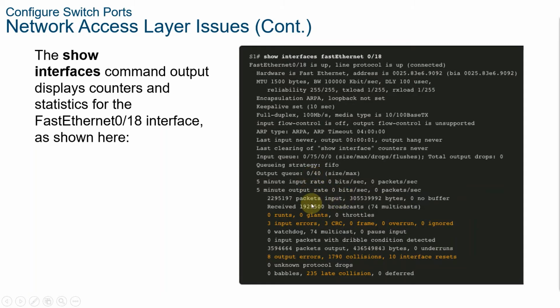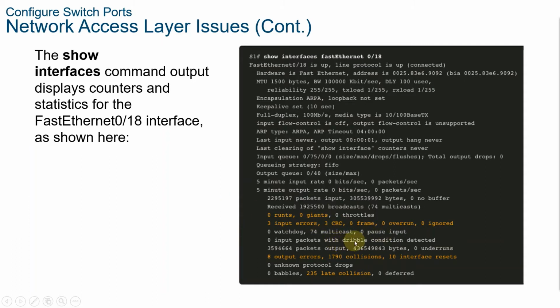Next, you also have here the input errors, the total number of errors. It includes runts, giants, no buffer, CRC or cyclic redundancy check, frame, overrun, and ignored counts. You also have the CRC errors that are generated when the calculated checksum is not the same as the checksum received.